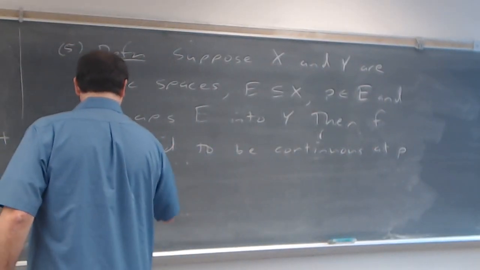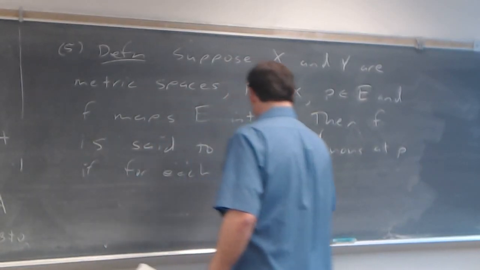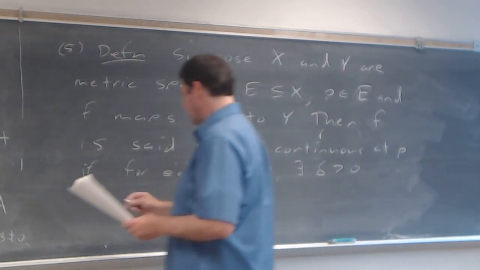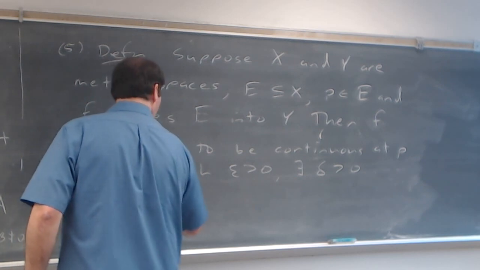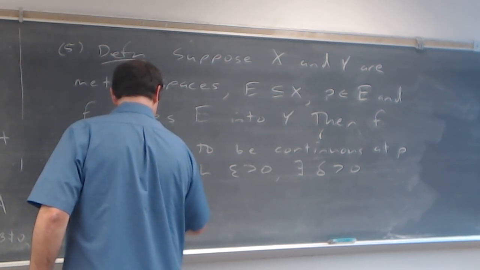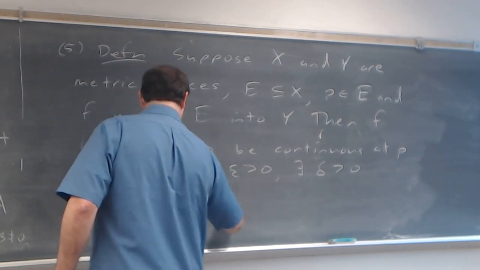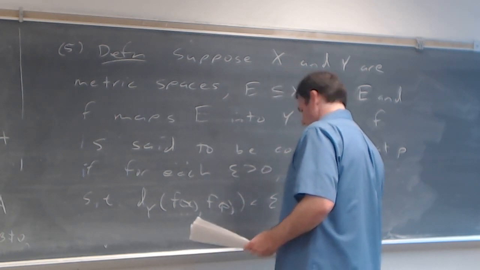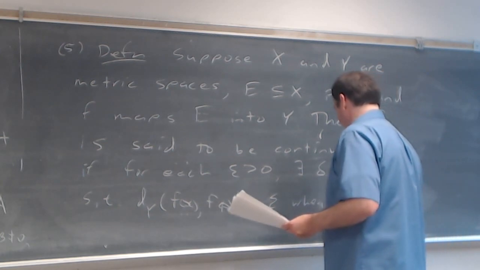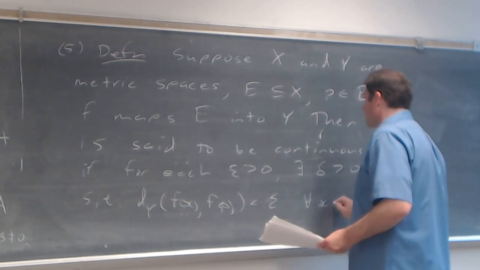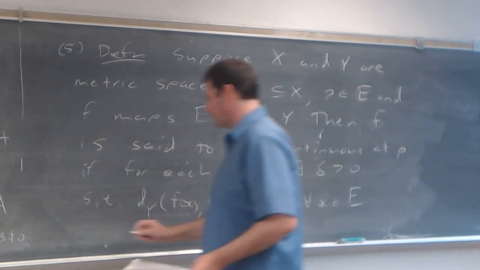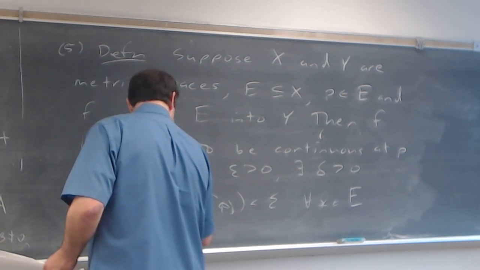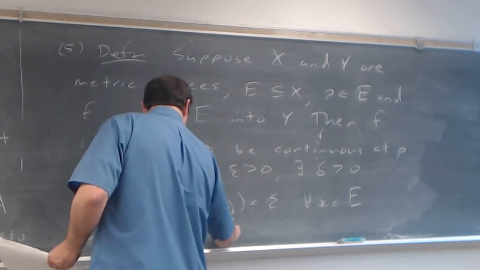if for each epsilon greater than 0 there exists a delta greater than 0 such that the distance in Y between f of x and f of p is less than epsilon for all x element of E with the distance in the metric space X between x and p is less than delta.